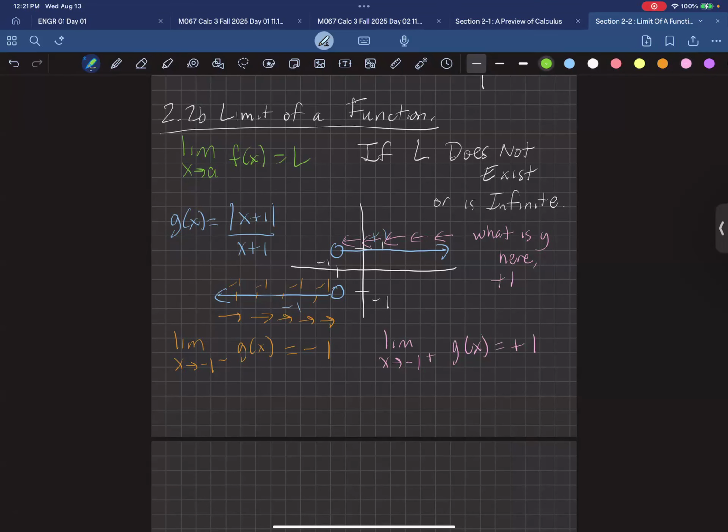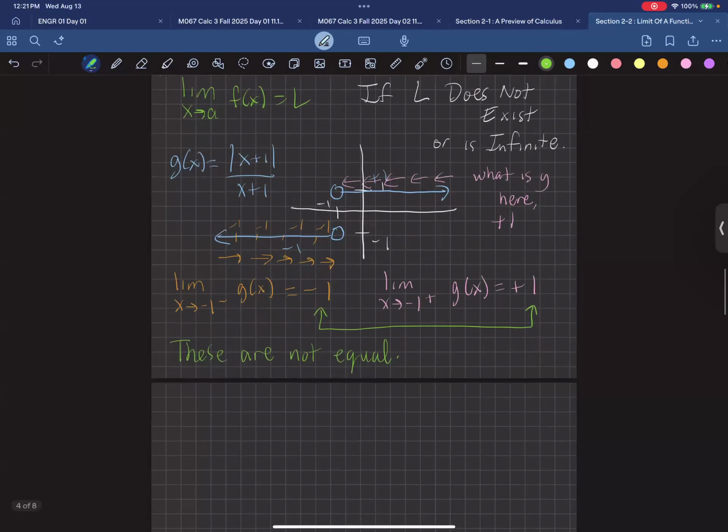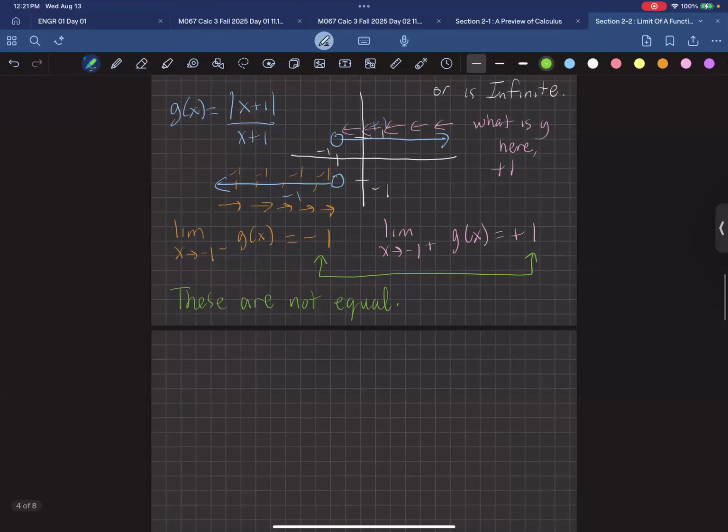Since these two are not equal, and we said the limit existed and equaled L if those two were equal, we say the limit as x approaches -1 in general of g of x is DNE, does not exist.